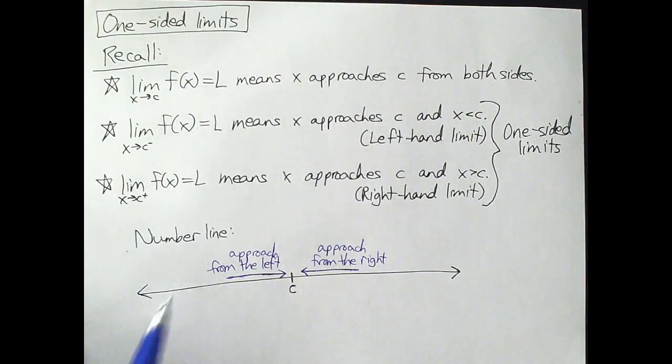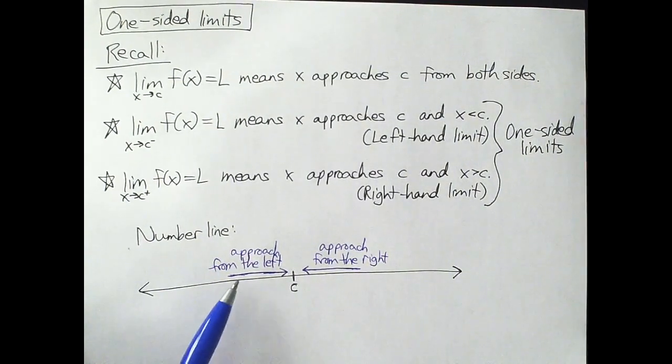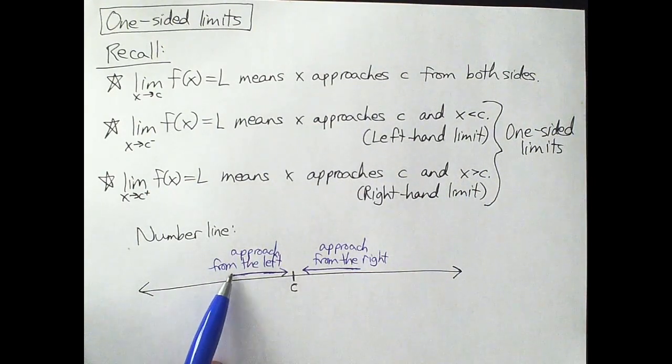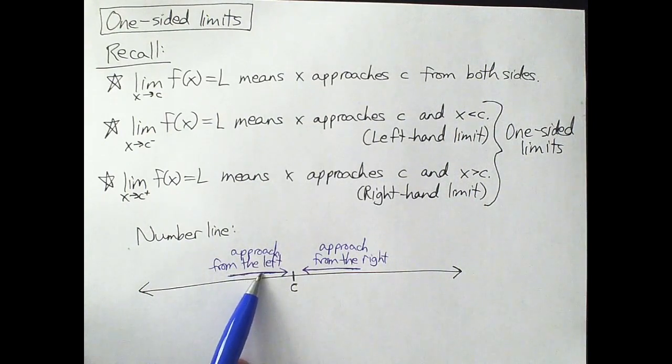Just one little subtlety: let's say you are the variable x, walking along the number line, and you want to approach c. If you're approaching from the left, what direction are you moving in? You're actually moving towards the right. So if you are approaching from the left, you are moving to the right to get closer and closer to c.